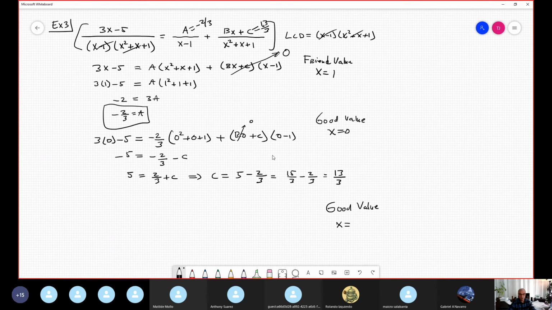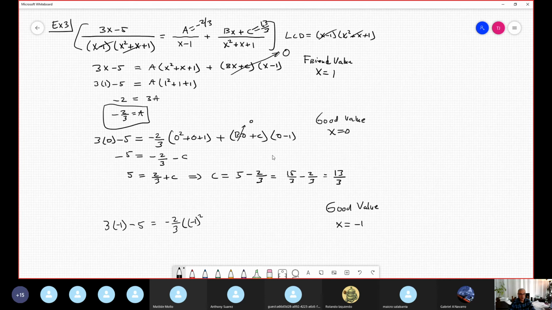I suppose in my paper negative 1. Substituting negative 1, we have, let's do it quickly: 3 times negative 1 minus 5 is negative 8, equal to negative 2/3 times (negative 1 squared plus negative 1 plus 1).